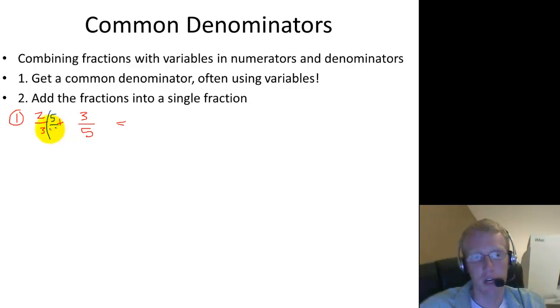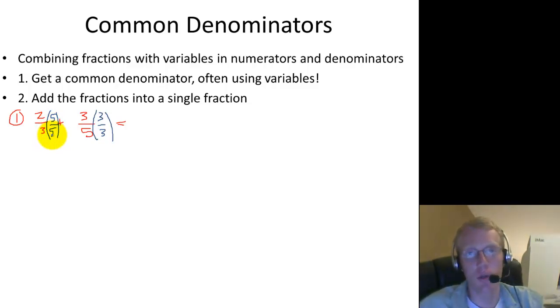So to get 15, you have to multiply by 5/5, and to get 15, you have to multiply by 3/3. The thing you multiply by is always the same number in the numerator and the same number in the denominator, because 5 divided by 5 is 1. So when we're really multiplying 2/3 times 1, it's not changing the value of the problem. We're just changing how it looks.